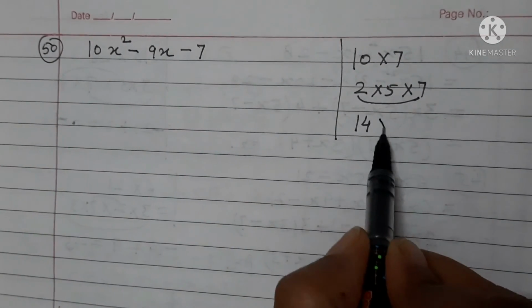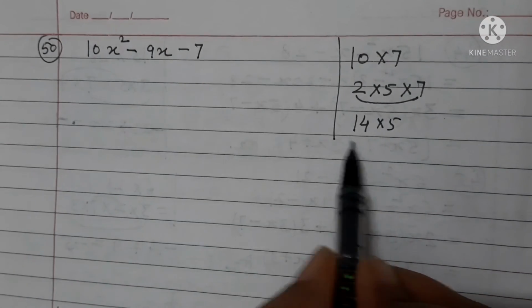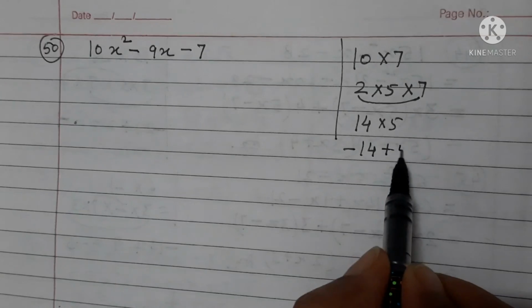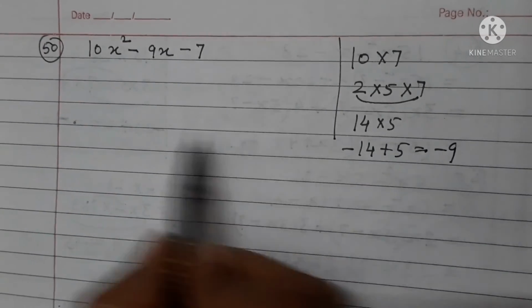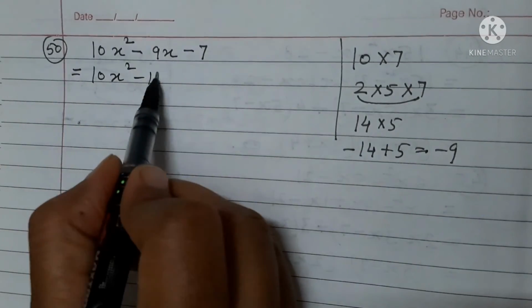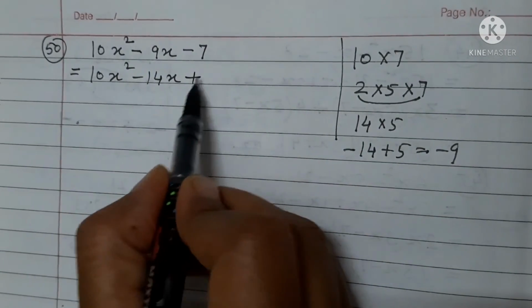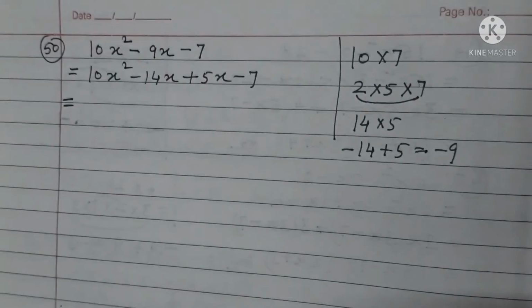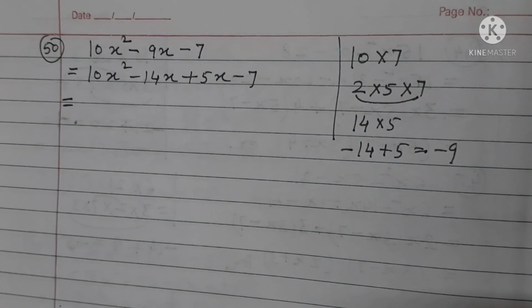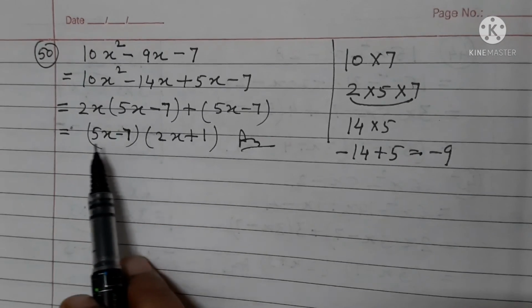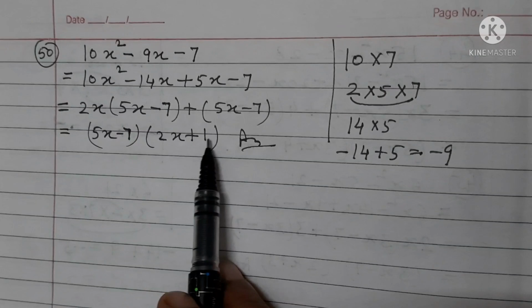So 14 into 5, and this is negative, so minus 14 plus 5 you will get minus 9. Now 10x square minus 14x plus 5x minus 7, and solve next steps. See the solution, get the answer, 5x minus 7, 2x plus 1.